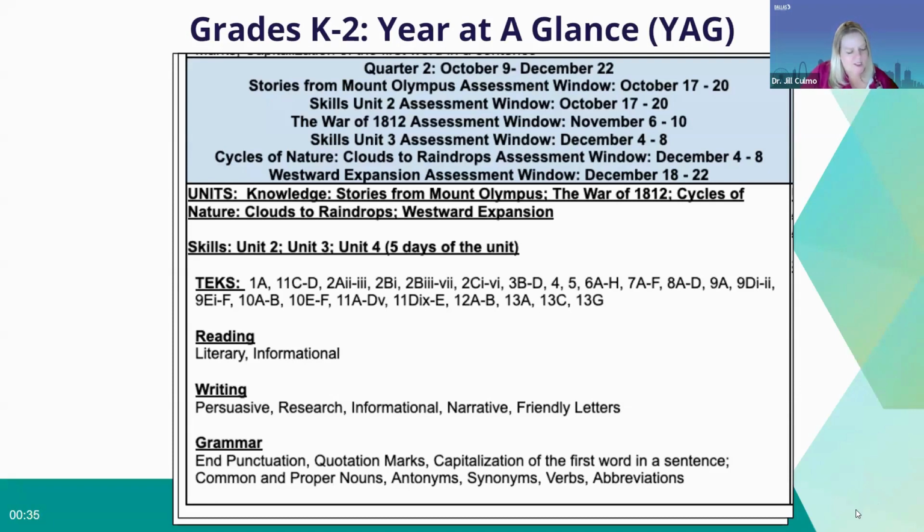The assessment window is given, and the assessment day will fall on that week, depending on pacing. The specific day that the unit assessment should be administered is located on the IPC for that week. Please note the unit assessment refers to an Amplify assessment and should not take more than a class period to complete and needs to be completed in All in Learning.